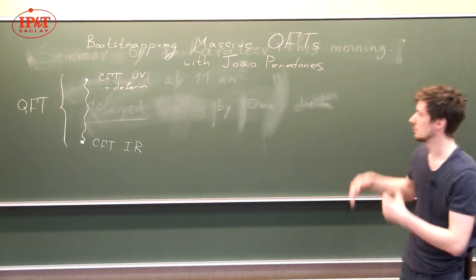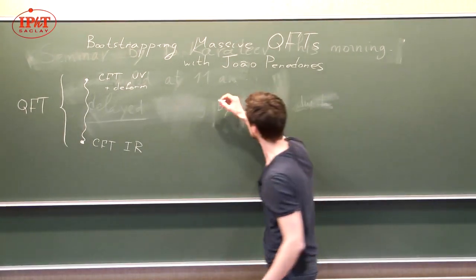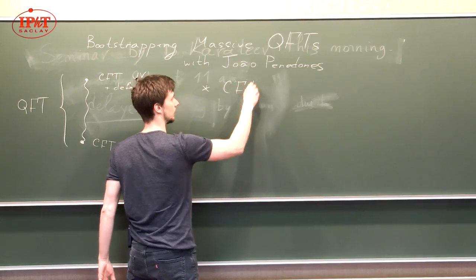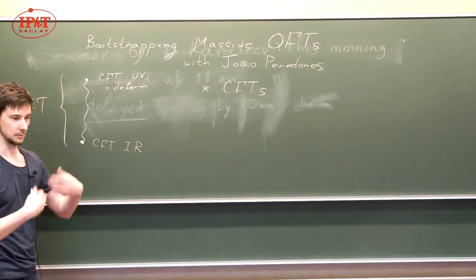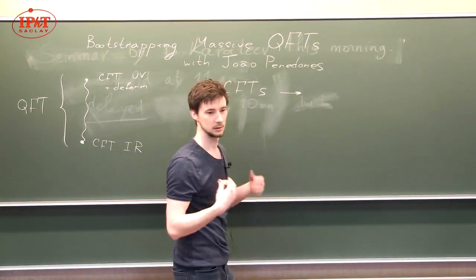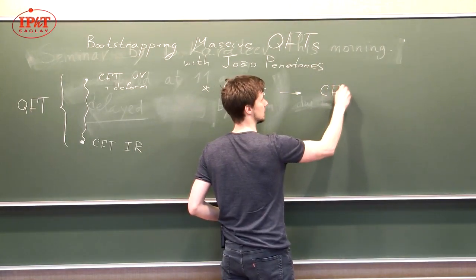So what do we know about the fixed points? So by now we know a lot of things about them. So CFTs. To define a model, some particular CFT model, we need to specify an infinite set of numbers, which is called the CFT data.